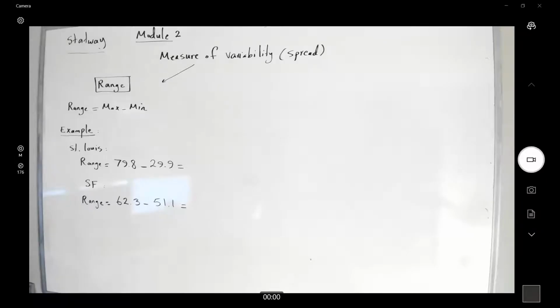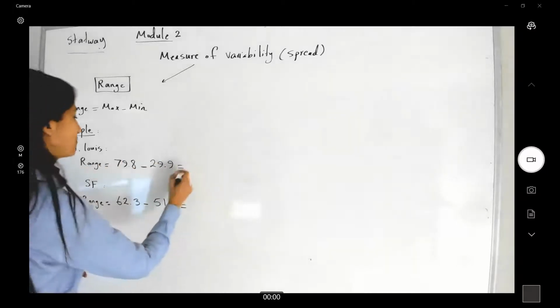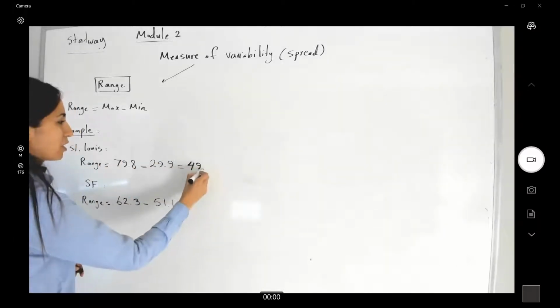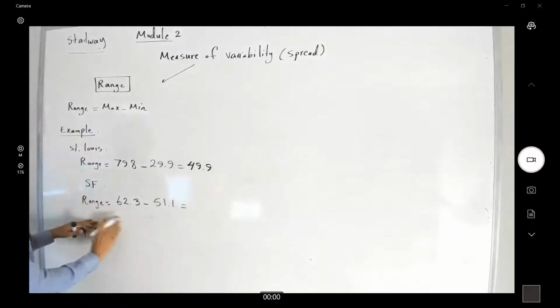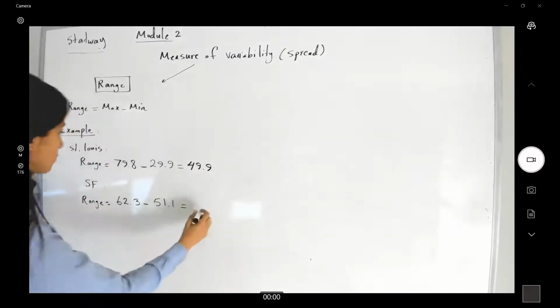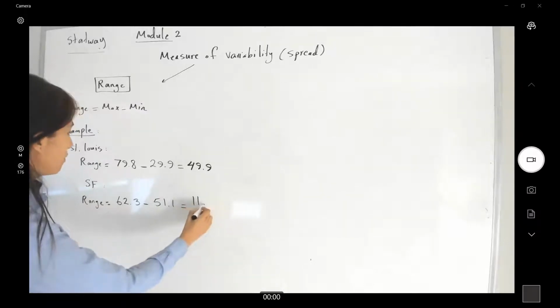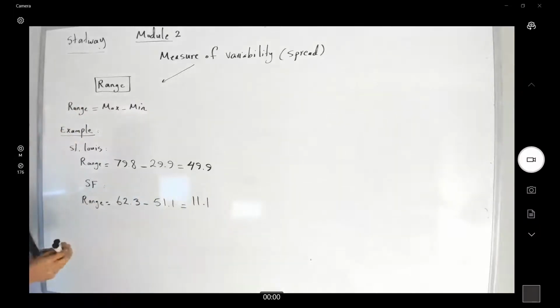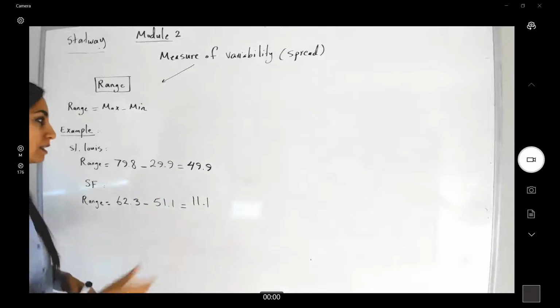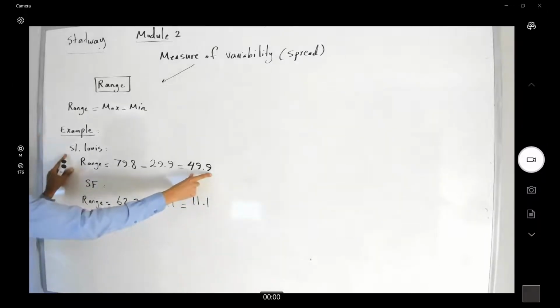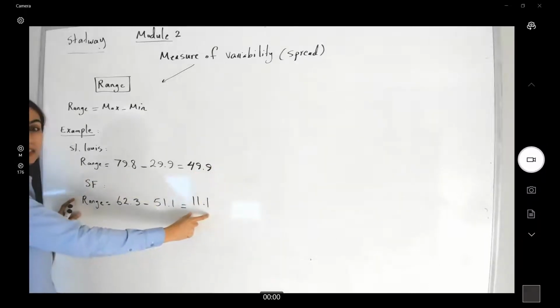So the range in San Luis is 49.9, and the range in San Francisco is going to be 11.1 degrees.